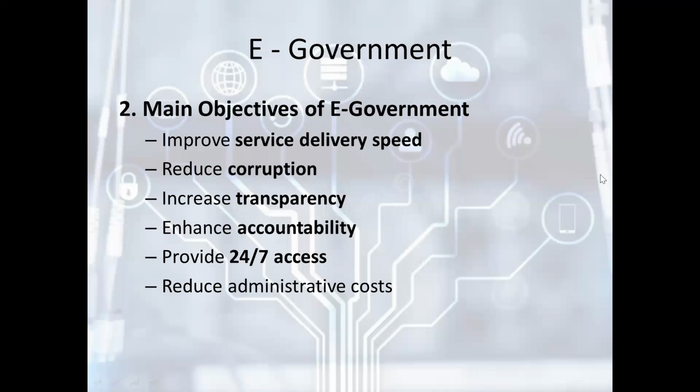Suppose the ATM machines that have been introduced: if there were no ATM machines, we would need many banking staff to do all the transactions. Now, since there are ATM machines everywhere, people don't rush into banks. Instead, they go to ATM machines and take money. Otherwise, we would need a lot of administrative staff.